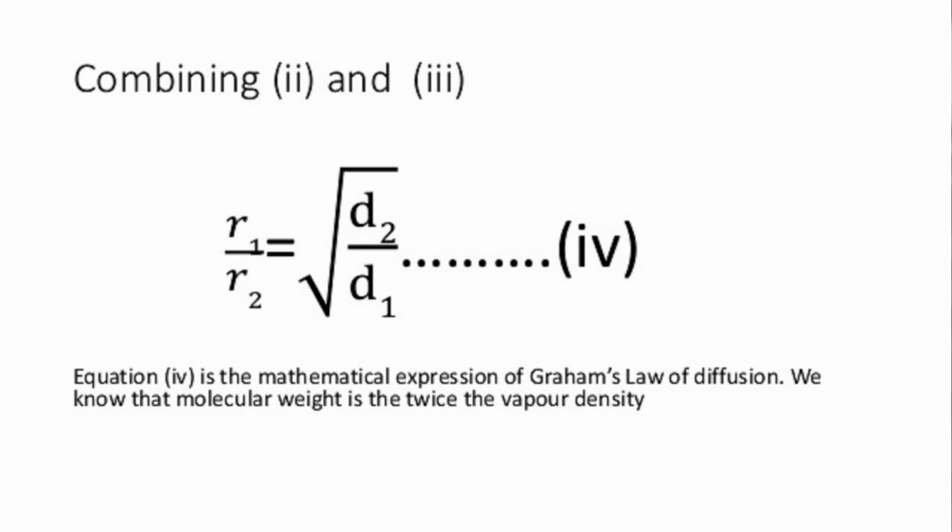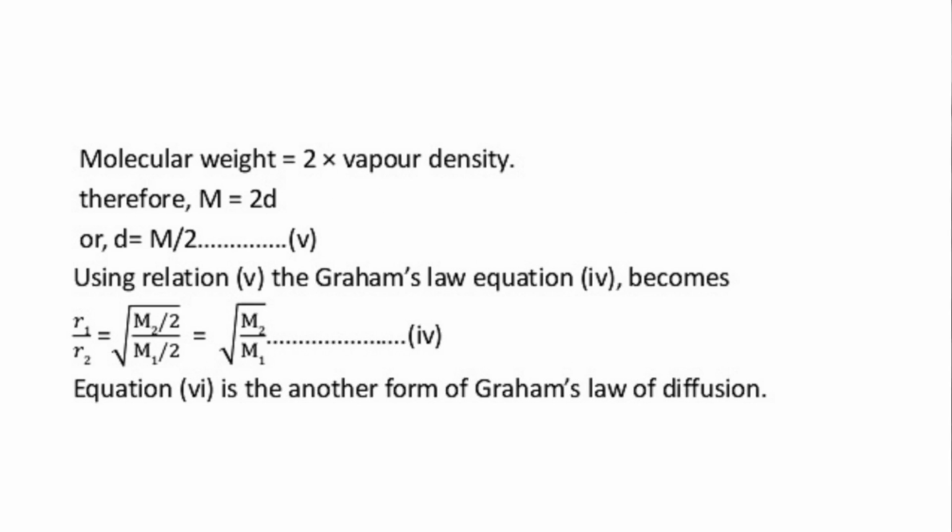We know that molecular weight is twice the vapor density. So, molecular weight is equal to 2 into vapor density. Therefore, M is equal to 2D, where M is the molecular mass and D is the vapor density or simple density. Or D is equal to M over 2.